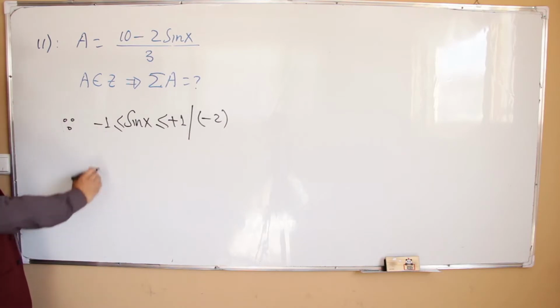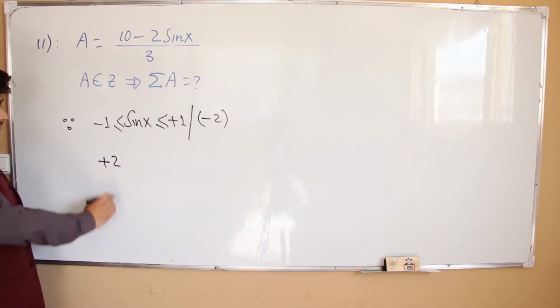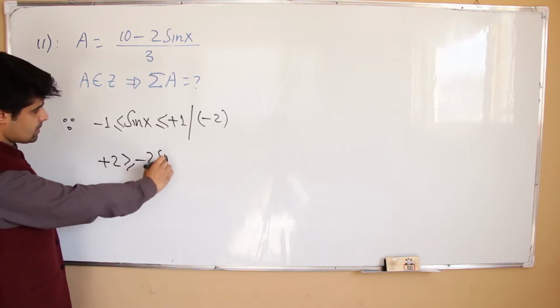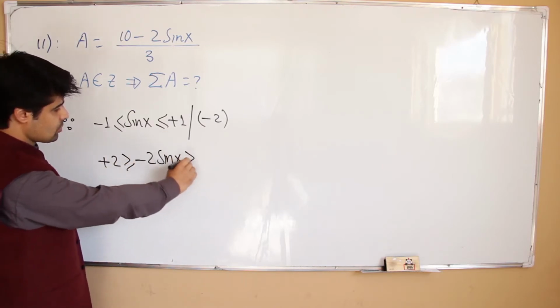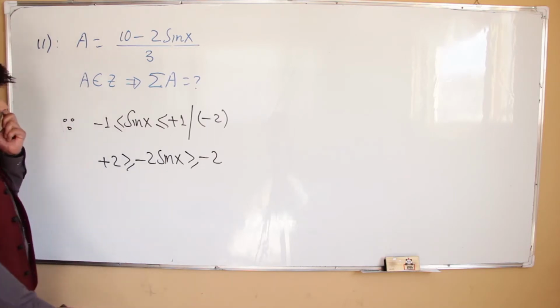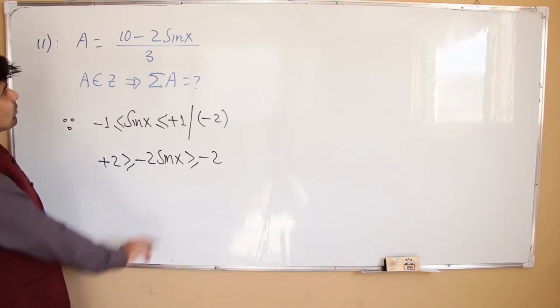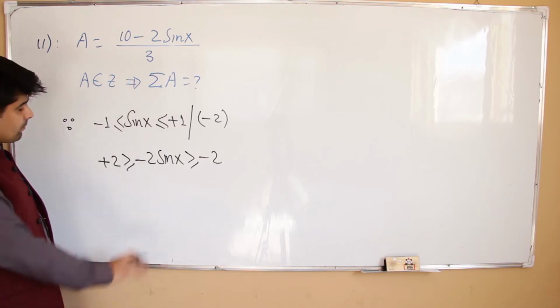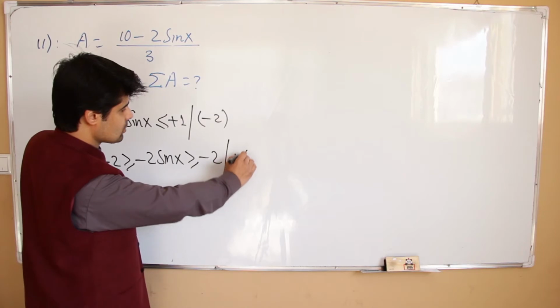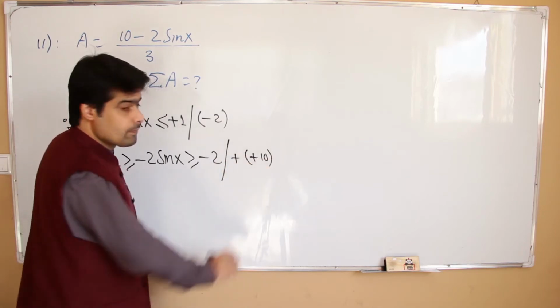This -1 becomes +2, and this +1 becomes -2 sine x. It's changed also to -2. Second, we have to put 10 in both sides, so I will add +10 to both sides.